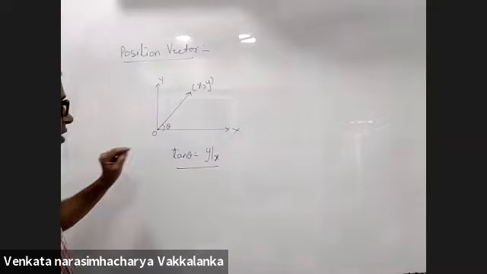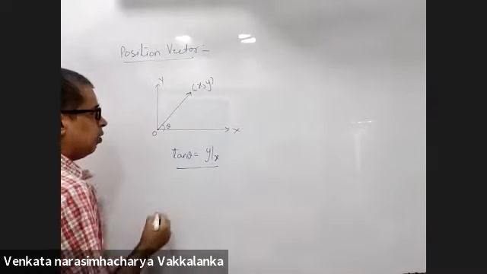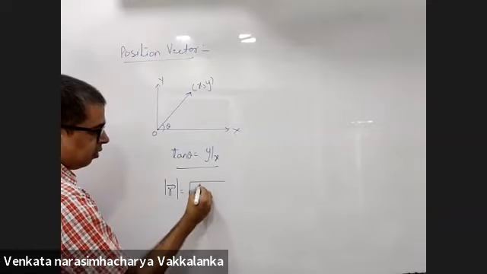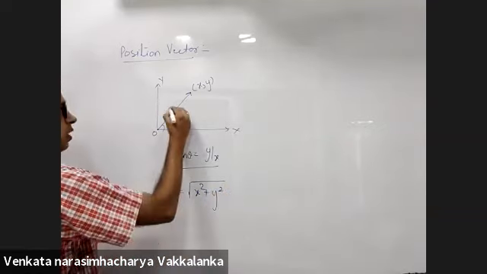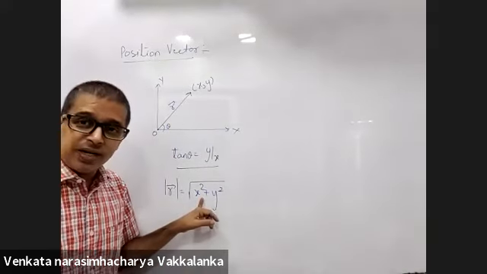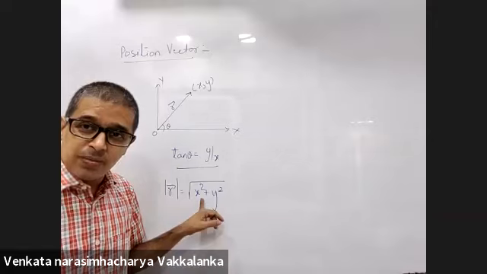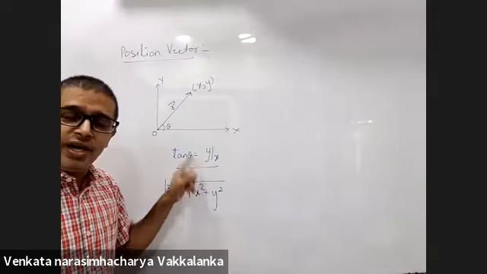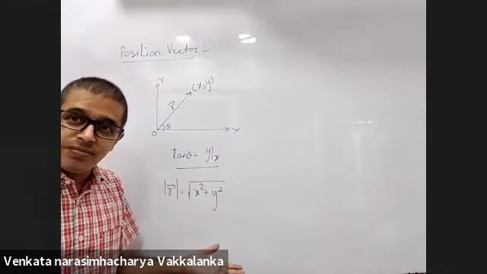Next, magnitude, how will you tell me? The magnitude of the vector is root over x square plus y square. So now I know the magnitude, I know the direction. I have described the vector.